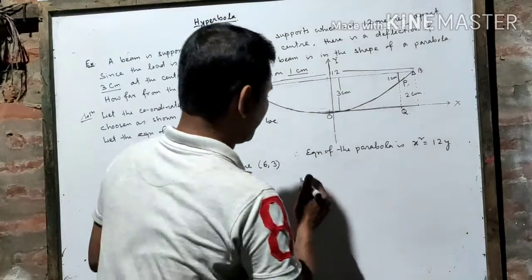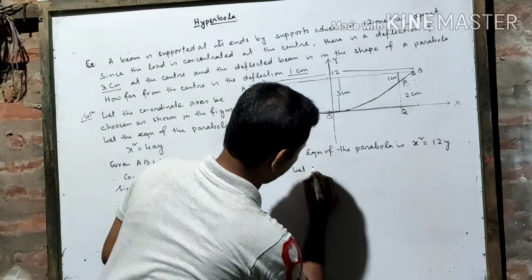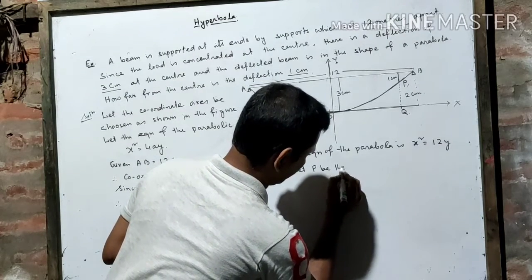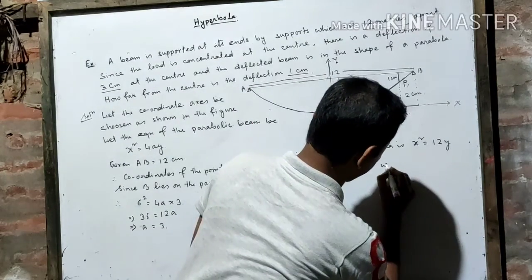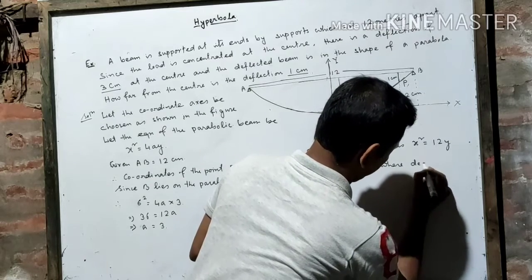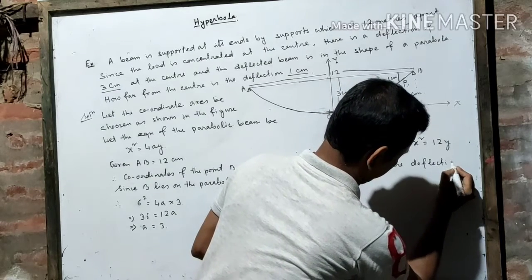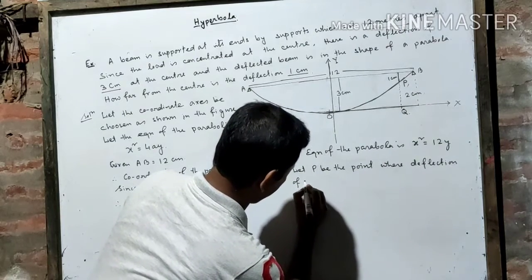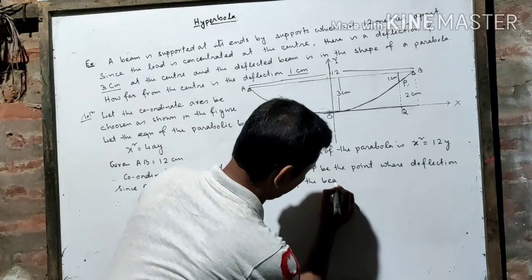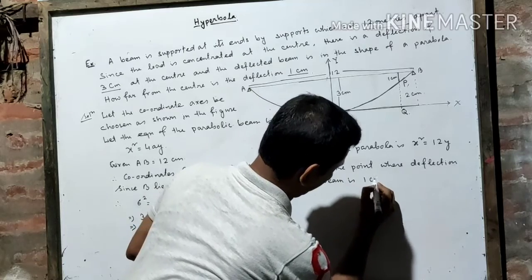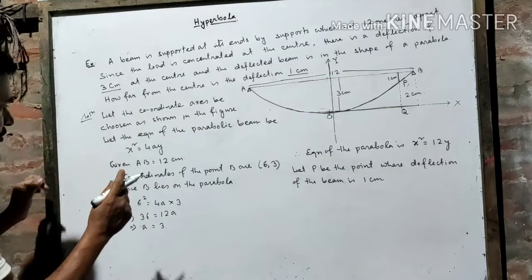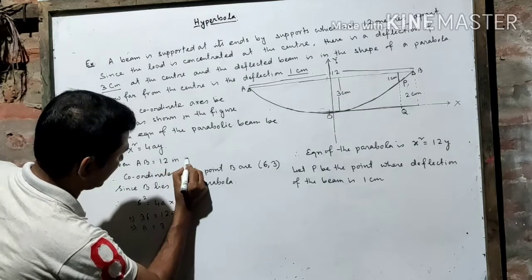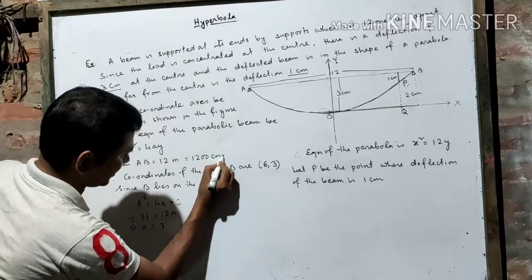Now let P be the point where deflection of the beam is 1 centimeter. AB is 12 meters. Sorry. 12 meter, that means 1200 centimeter.